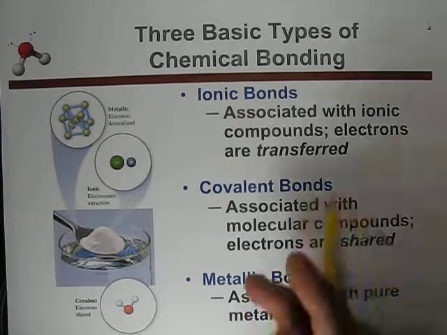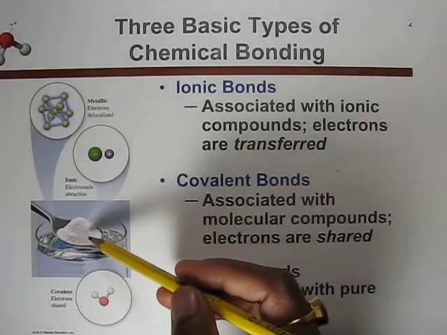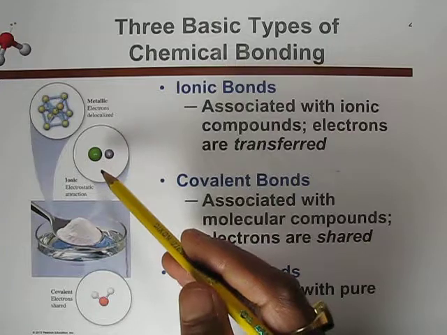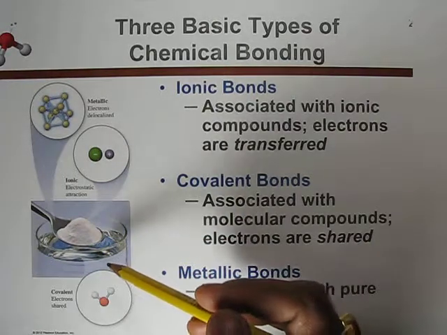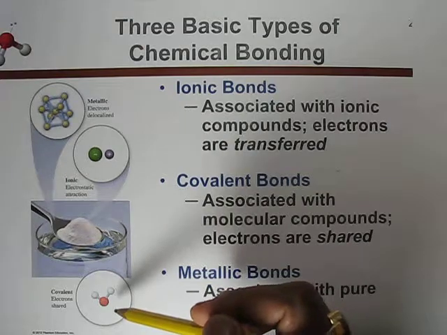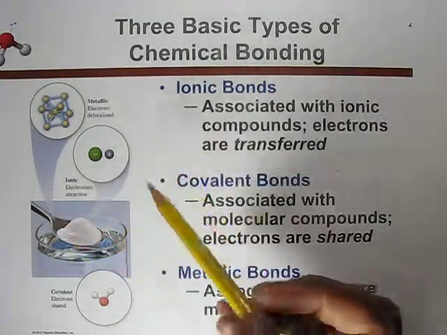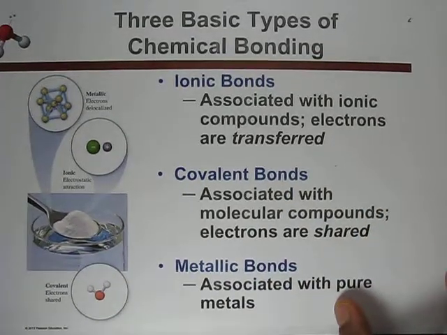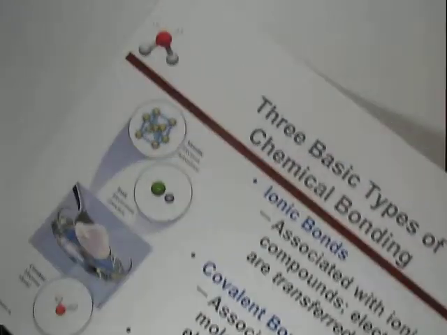So in this picture you can see all three bonds: the ionic bond between sodium and chloride ions to form sodium chloride, the covalent bond between hydrogen and oxygen to form the water molecule, and the metallic bond in the steel. So these were the types of bonding, and we will start first with ionic bonds.